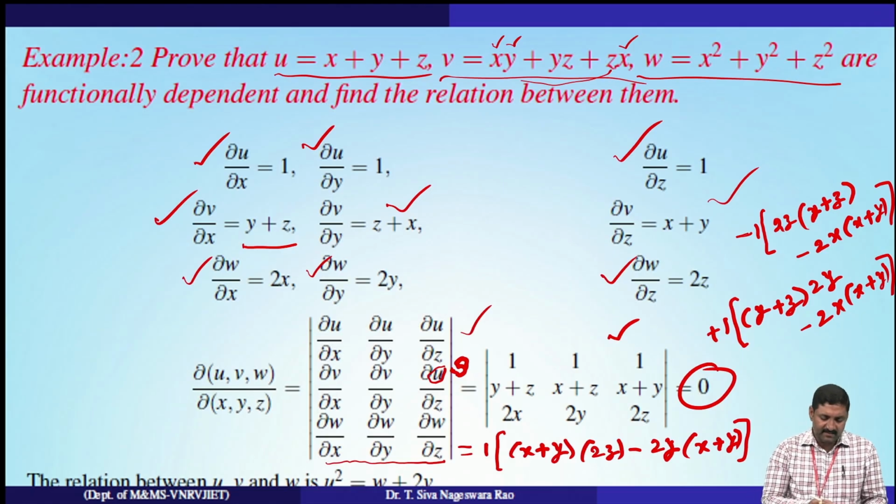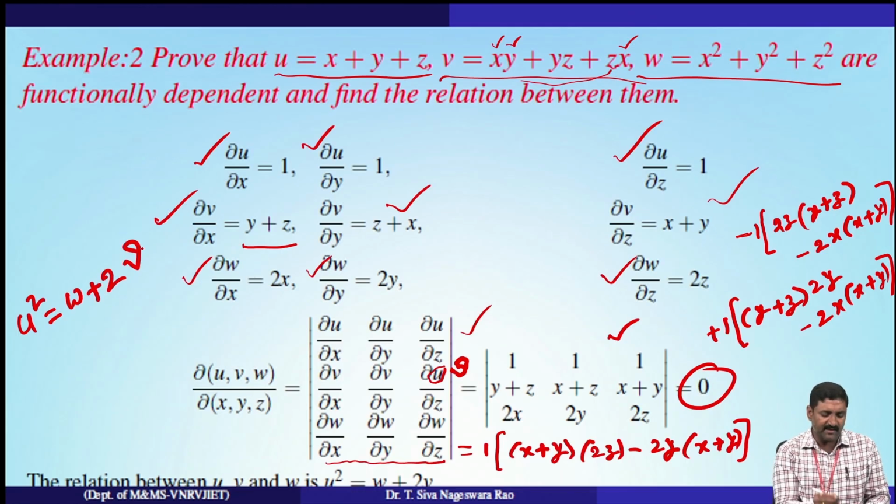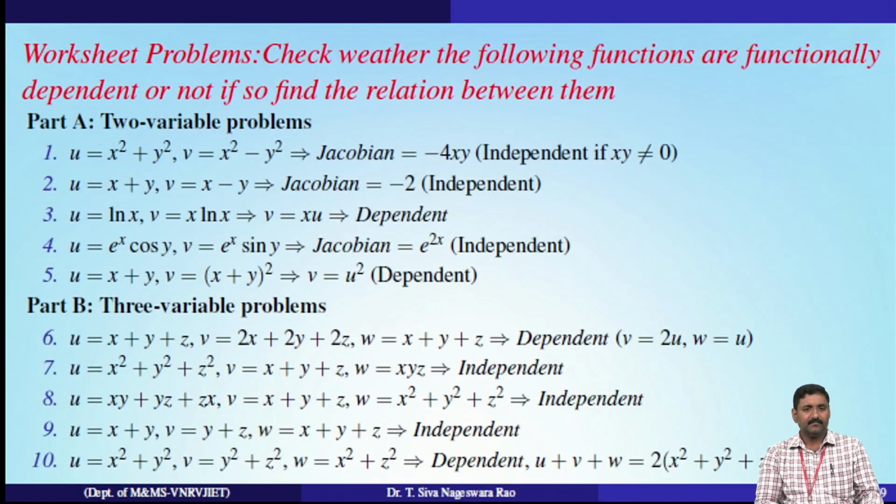So by applying square to u, you will get a relation, that is w plus 2 multiplied by v. So once you decide the Jacobian is 0, then we can say definitely there is a functional relation between u comma v and w. This is how we can write the relation between u comma v comma w.